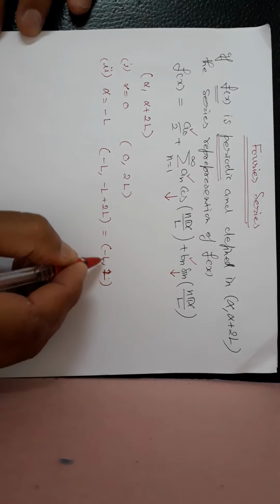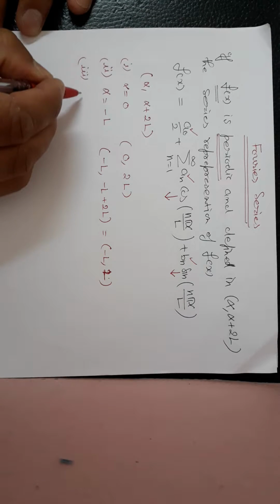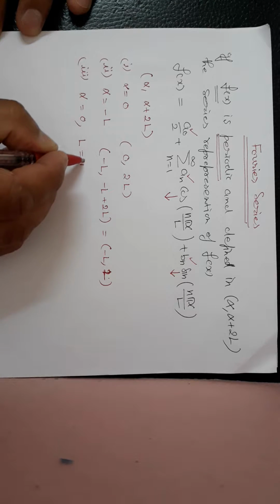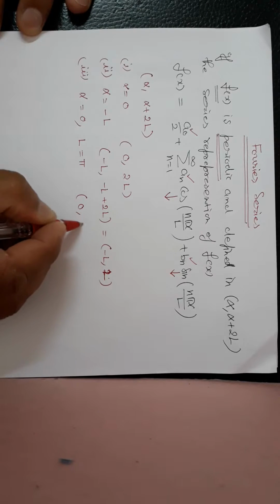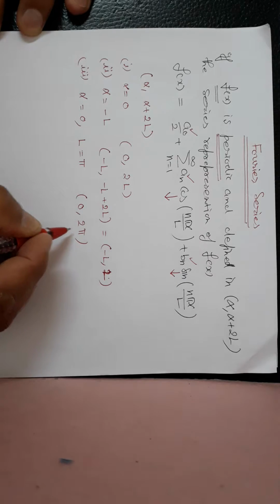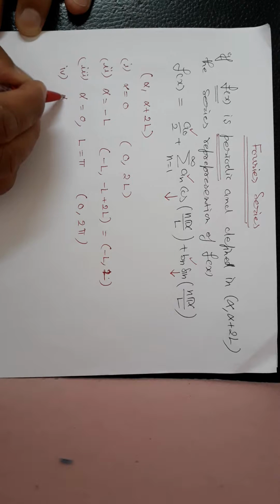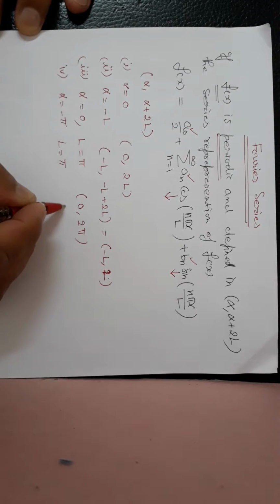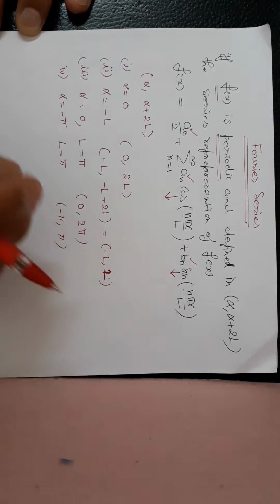So this interval can be minus l to l, or it can be 0 to 2l. Also we have the very important case when alpha is 0 and the value of l is pi, then we have the interval 0 to 2 pi. Maximum problems will be discussed on 0 to 2 pi. The fourth case is alpha is minus pi and l is pi, then this interval becomes minus pi to pi.